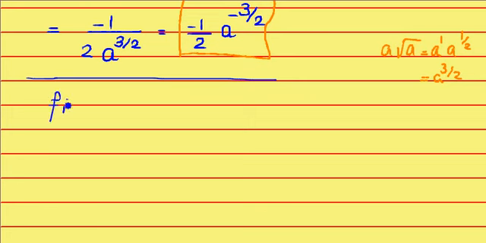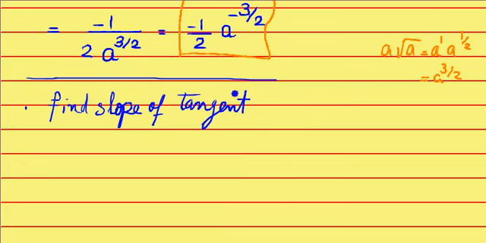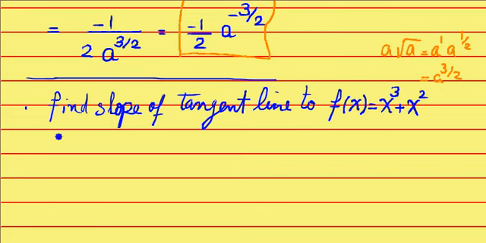Find the slope of the tangent line to f of x is equal to x cubed. Say, let me throw something else also, x squared at x equal to a.